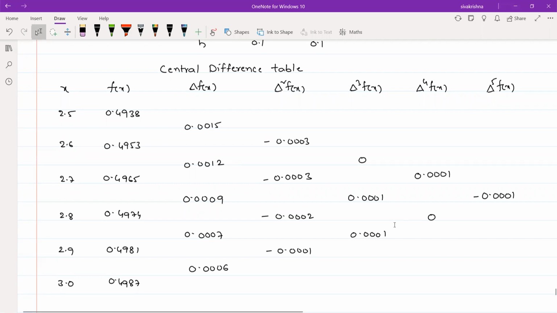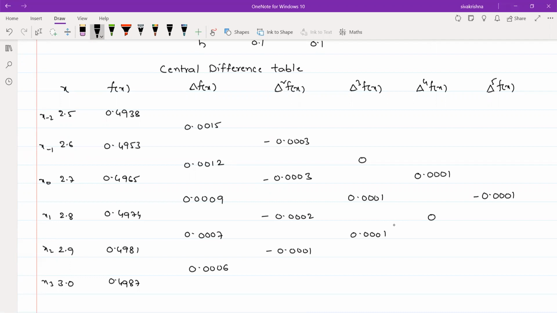So coming to the values in the table, since we have chosen 2.7 as x naught, the values below x naught can be named as x1, x2, and x3, and the values above x naught can be treated as x suffix minus 1 and x suffix minus 2.